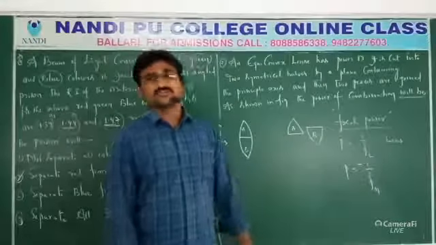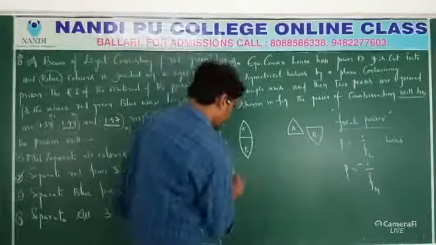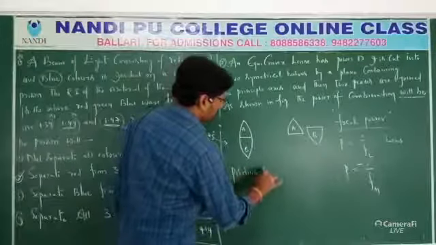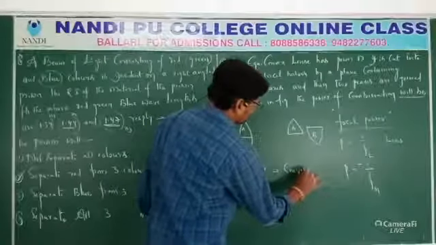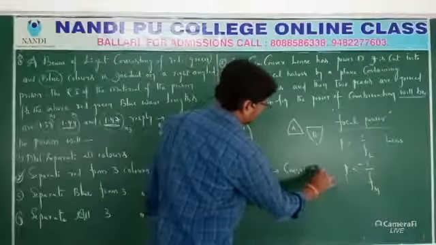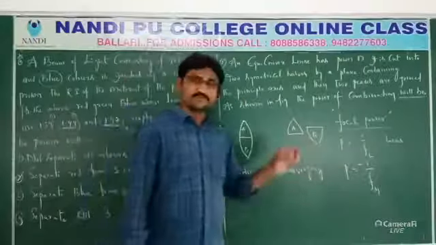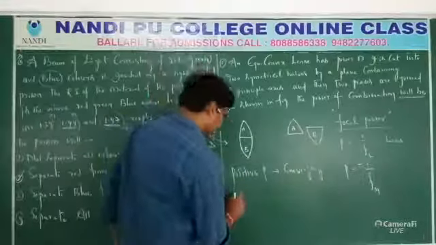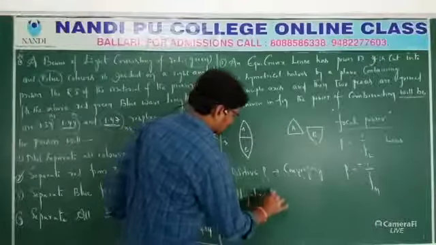Here we have two types of focal powers, positive and negative, which is very important. Positive power gives us a converging beam, which is very important. Positive power of a lens gives a converging beam after refraction.